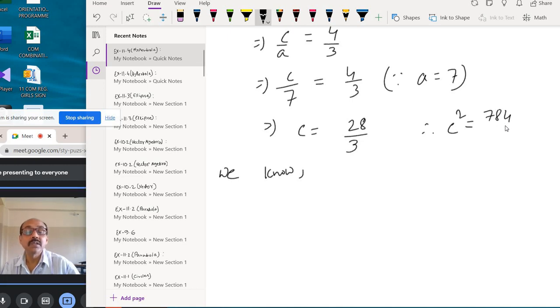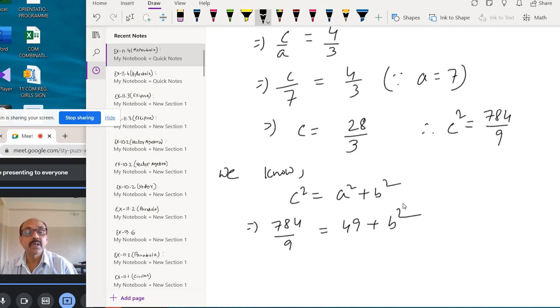The relation is c square equal to a square plus b square, so 784 by 9 equal to 7 square, that is 49, plus b square.